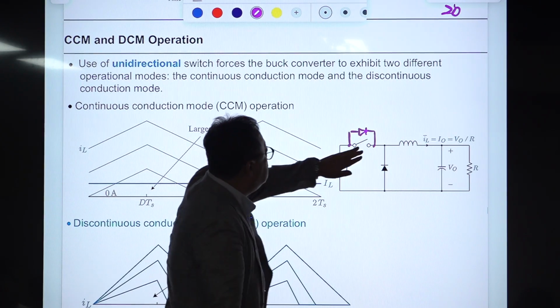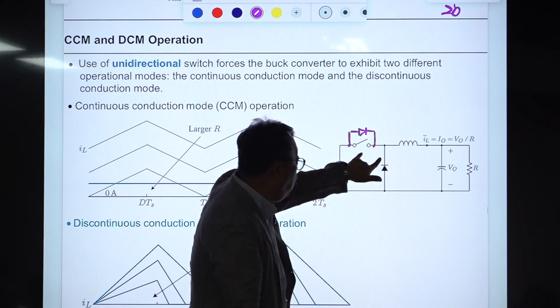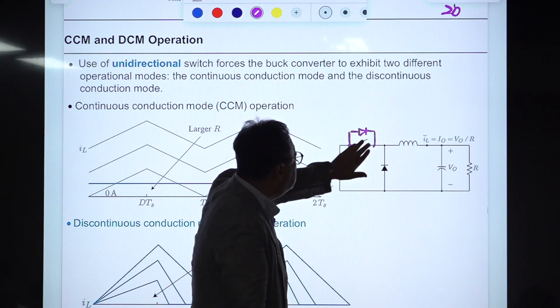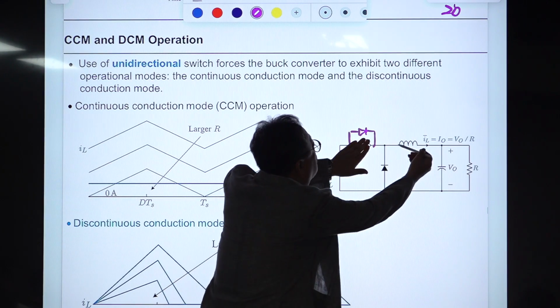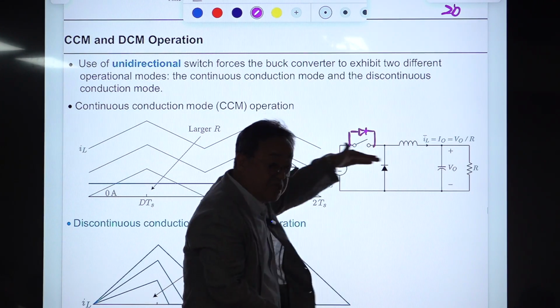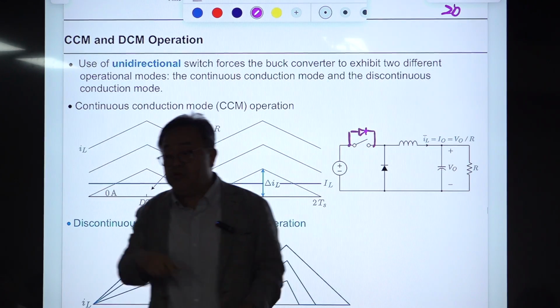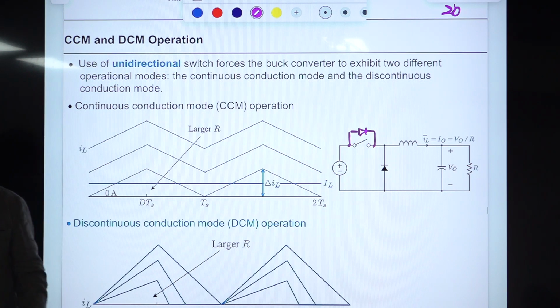But when this conduction channel is gone, due to the low gate-source voltage, then current cannot pass through this. So current only passes in this direction. You probably think the MOSFET is a bidirectional switch. It's not true.